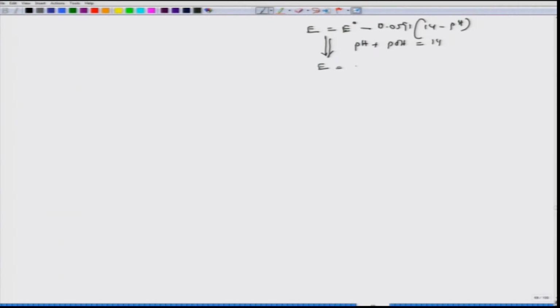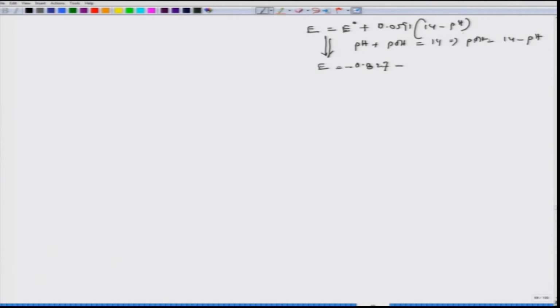So, E equal to minus 0.827, and sorry, this was plus, this should be plus, because plus 0.0591 pOH. So, pOH equal to 14 minus pH.